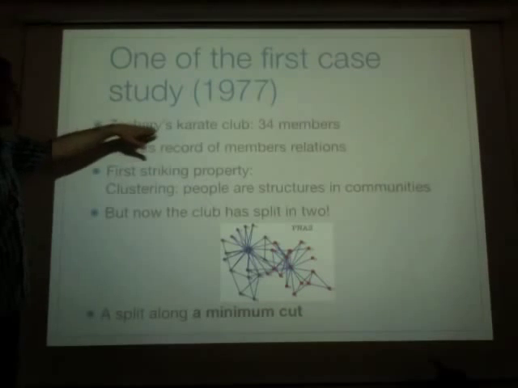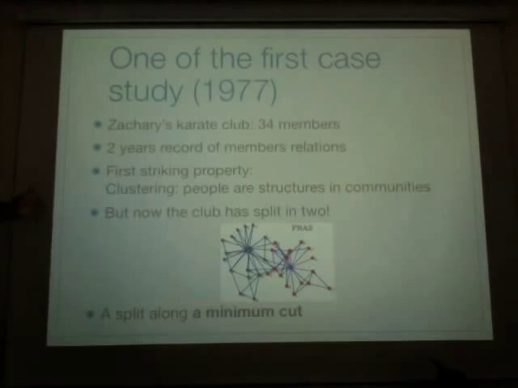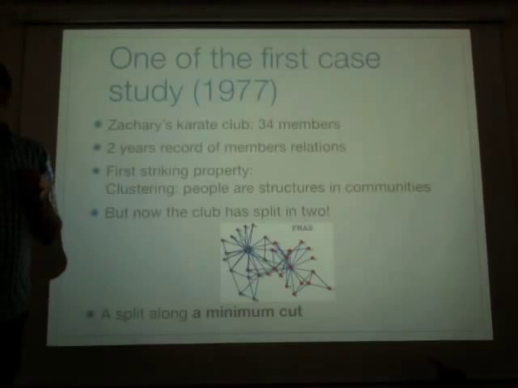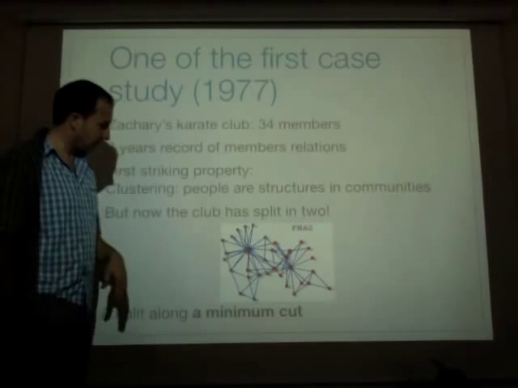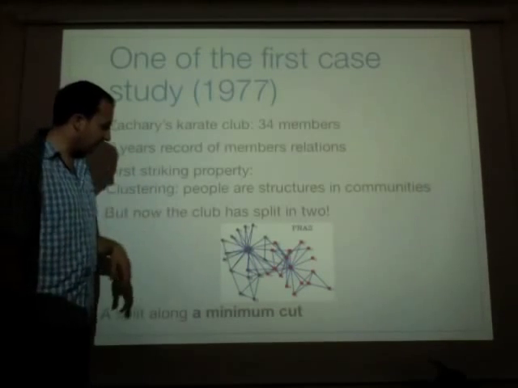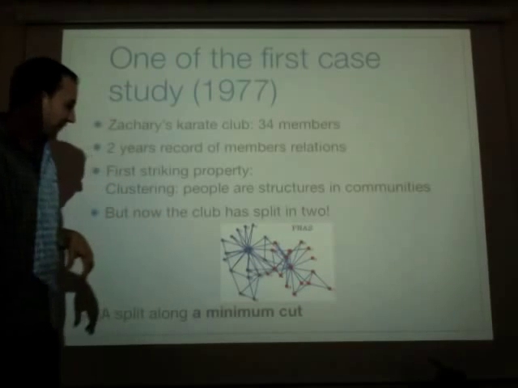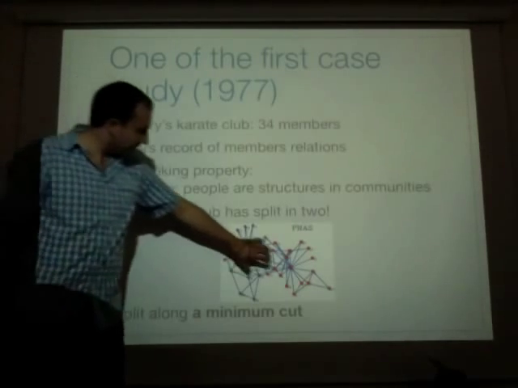It was a karate club where there were 34 members, and they had a 2 years record of relationship between the members. Okay, so you had this kind of graph. I don't know what the connections are. Maybe it's somebody fought against the other one. I don't know. And the thing that appears is that it looks fairly clustered.